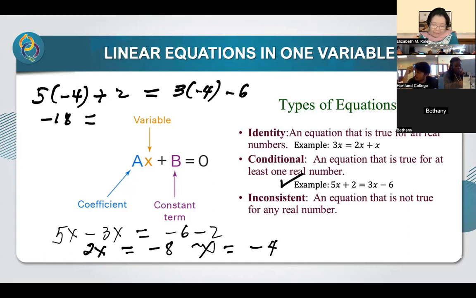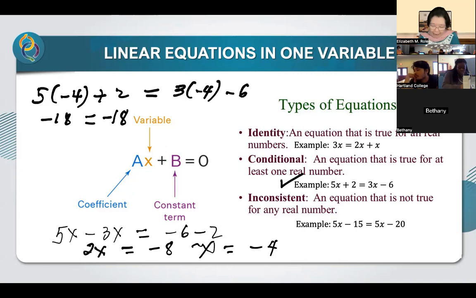And then 3 times negative 4 is negative 12 minus 6, which is also negative 18. So it's conditional because the only time that equation is true is when x is equal to negative 4. And the other type of equation is inconsistent.